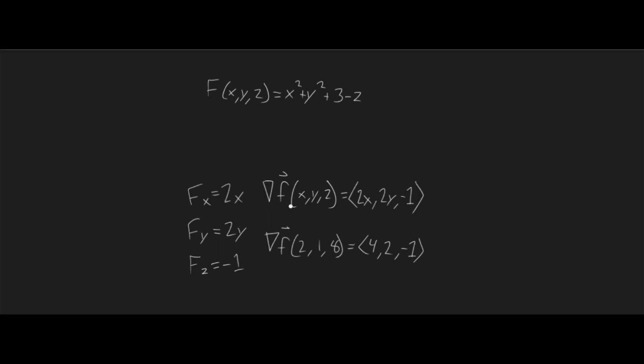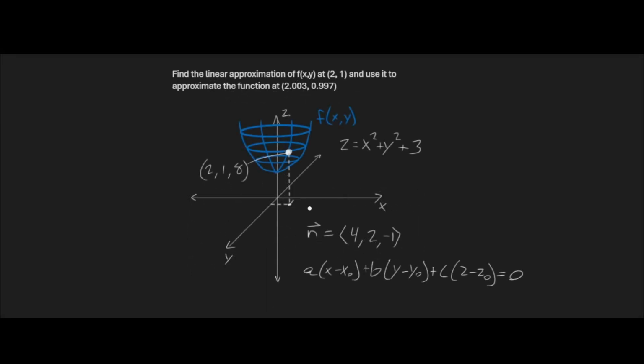So that means that the gradient is equal to (2x, 2y, -1). And the gradient at the point of interest, which we're looking at, is going to be (4, 2, -1). So this is going to be our normal vector for our plane. So now we have the normal vector, which is (4, 2, -1), and we can use it to find the plane.